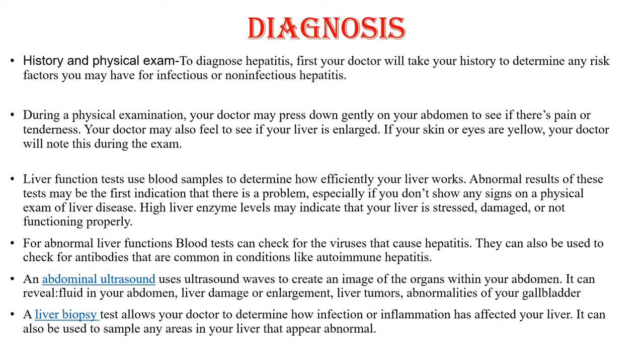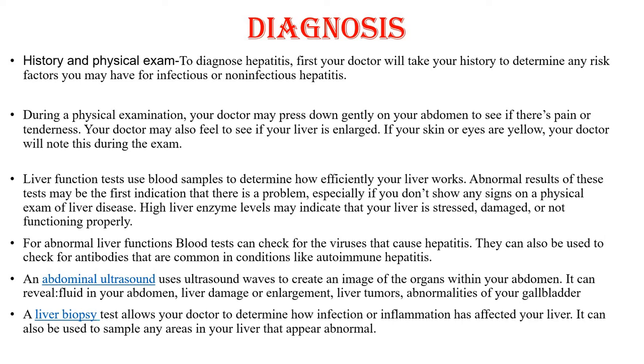Now we'll consider the next point, the diagnosis, with the help of history and physical examination. First of all, to diagnose hepatitis, your doctor will take your history to determine any risk factors you may have for infectious or non-infectious hepatitis.